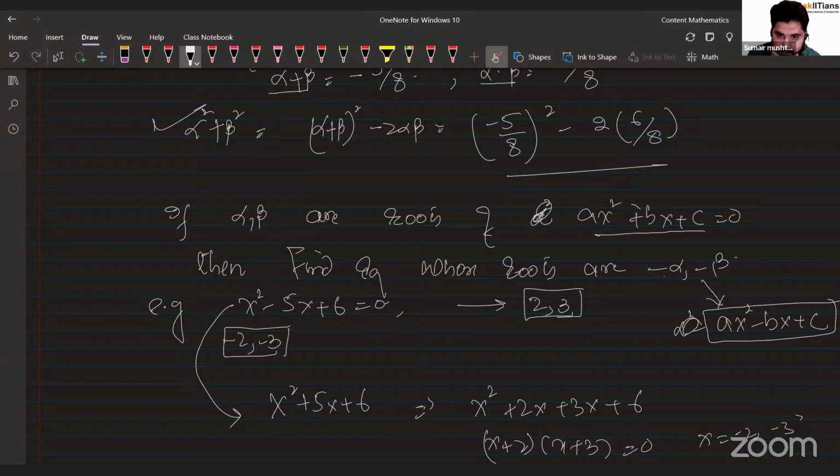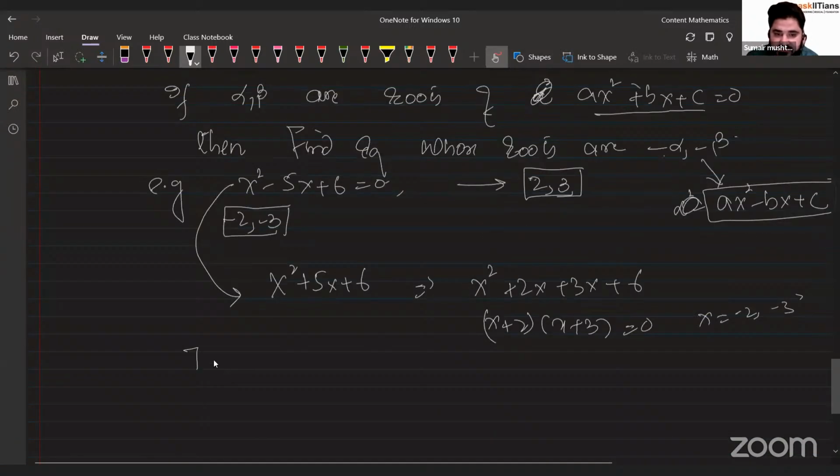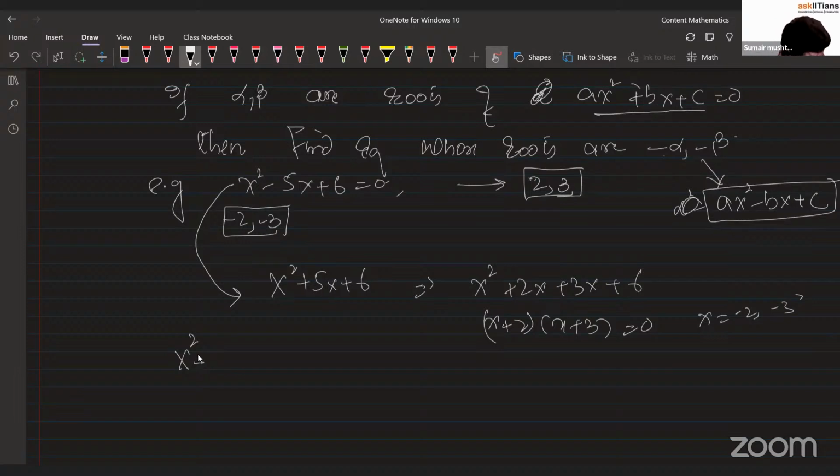Suppose one more question. Let us suppose you have x square minus 10x plus 40 with roots alpha comma beta.